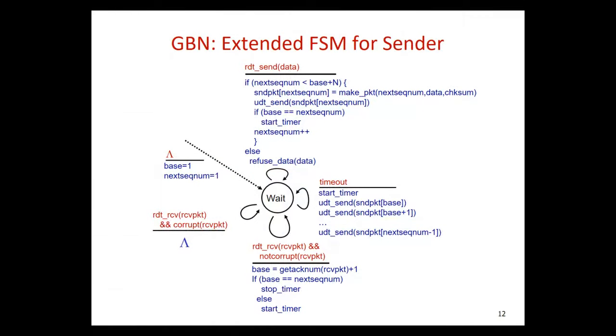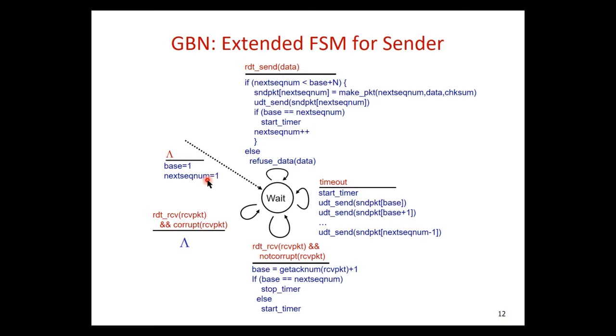Okay, let's look at the FSM for the sender in the case of go back N. The sender is in this state where it waits for data that needs to be sent. And this is the initialization step.